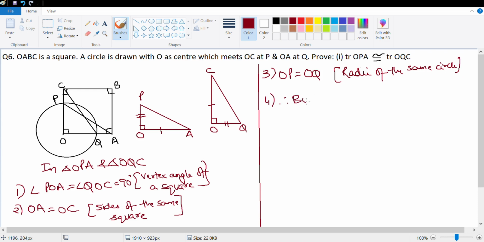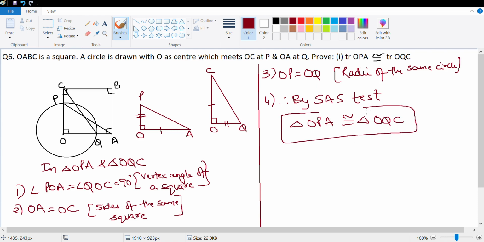Therefore by side angle side test, triangle OPA is congruent to triangle OQC. That's what they wanted us to prove, so hence proved. This was very simple. Let's look at the next one.